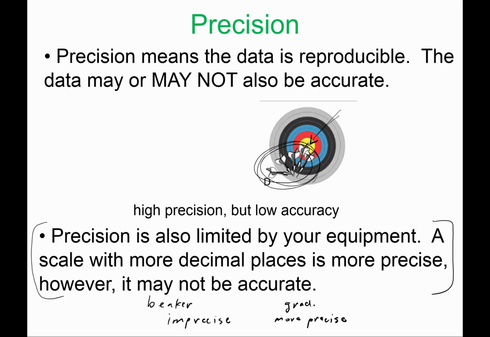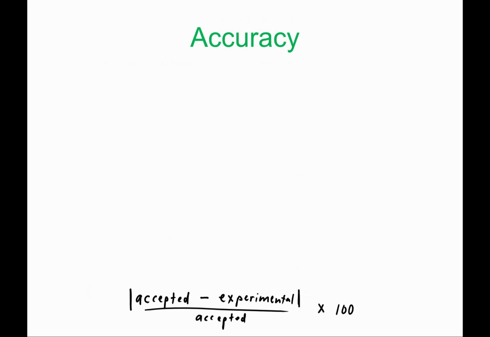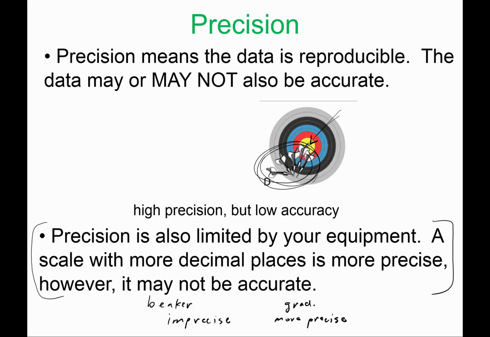So more decimal places means better precision, if your glassware goes to more decimal places. Okay, and then a burette would typically be even more, because the ones we use in class are going to go to the 100th place, and these might go to the 10th.